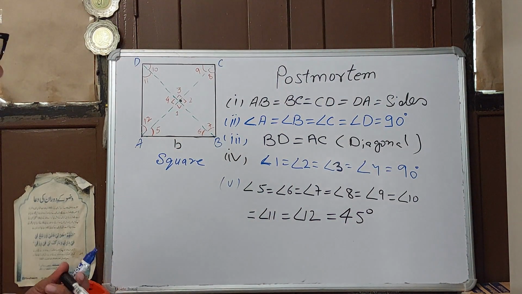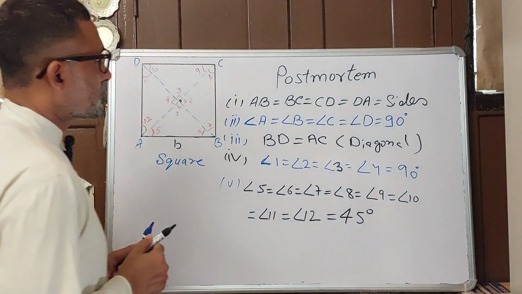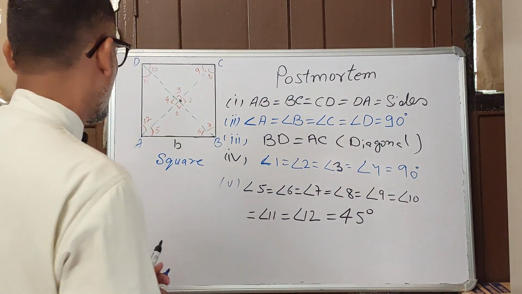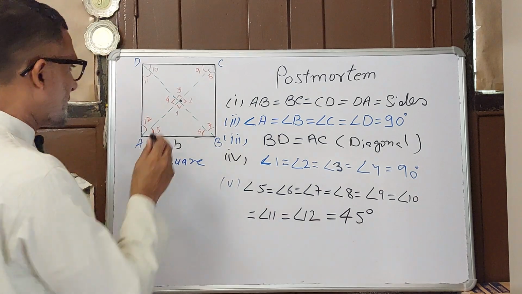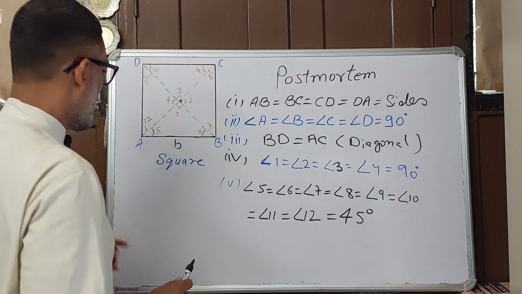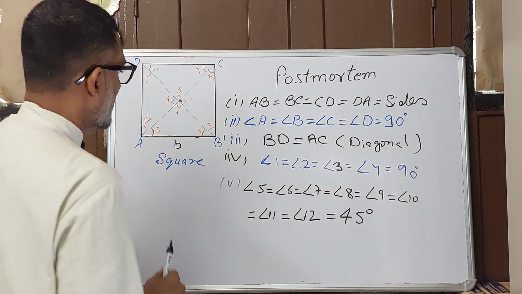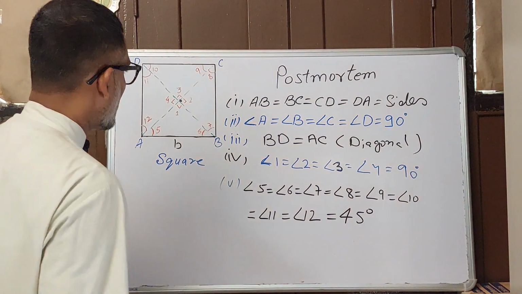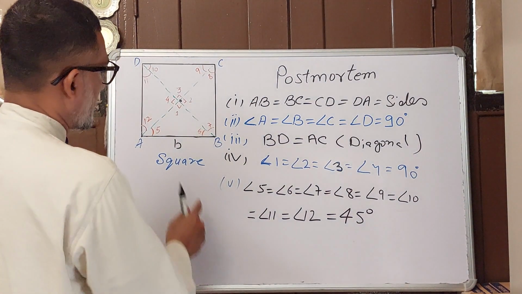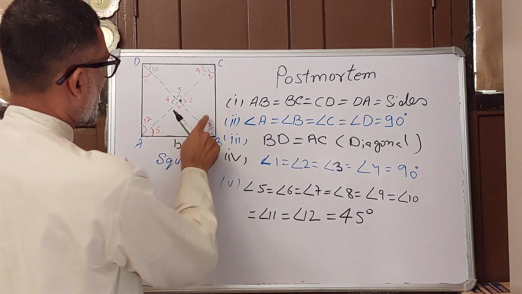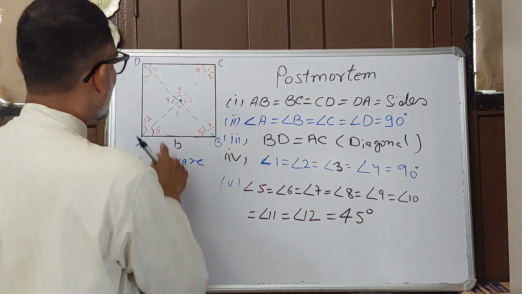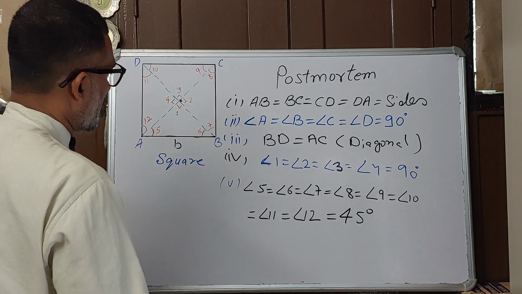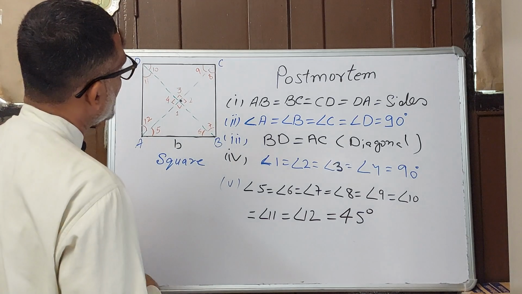So what do we get after the postmortem? These characteristics, these behaviors, we get from the inside of this square body. This square body, we get all these properties. Okay, all the angles 5, 6, 7, 8, 9, 10, 11 and 12 all will be what?